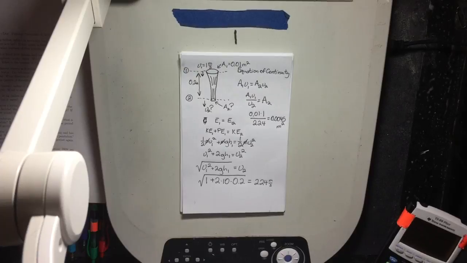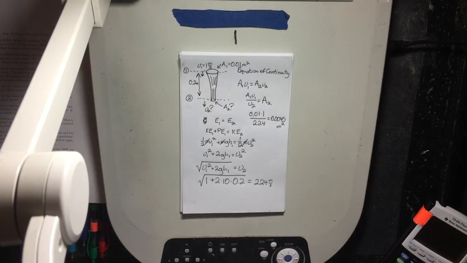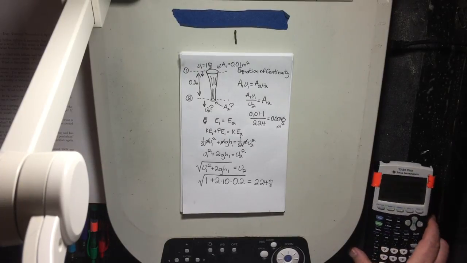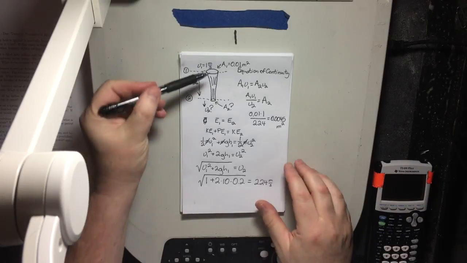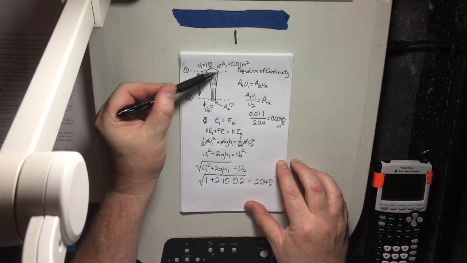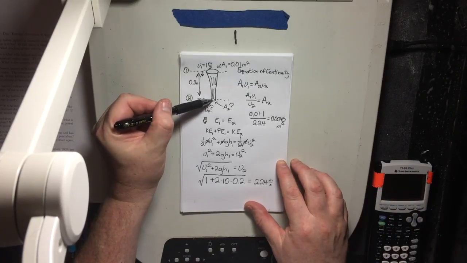So it went from 1/100th of a square meter to roughly 4 to 5 thousandths of a square meter in a mere 20 centimeters. And so this is why when you turn on your faucet, not so hard that the air is shooting through it, but when it's just one solid bit of water, you get this tapering off, that it's wider at the top than it is at the bottom.